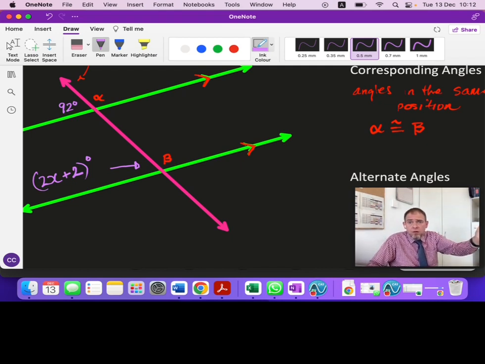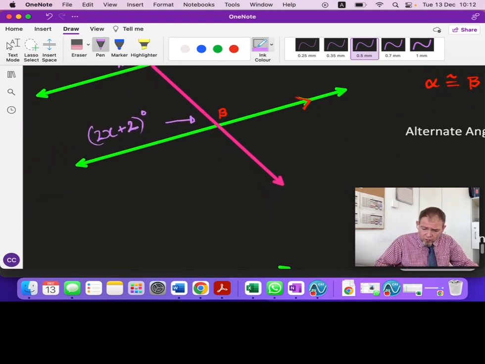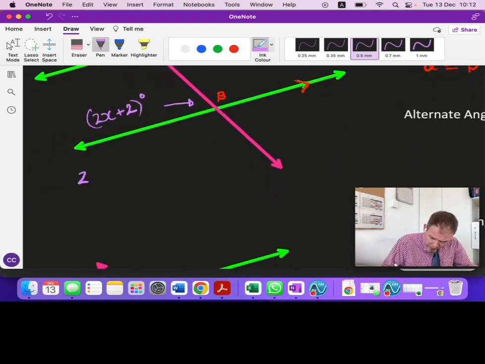It's to the right of the transversal, it's above the parallel line, so they have to be equal to each other. So I can solve for x by setting 2x plus 2 equal to its corresponding angle, which I said was 92 degrees.